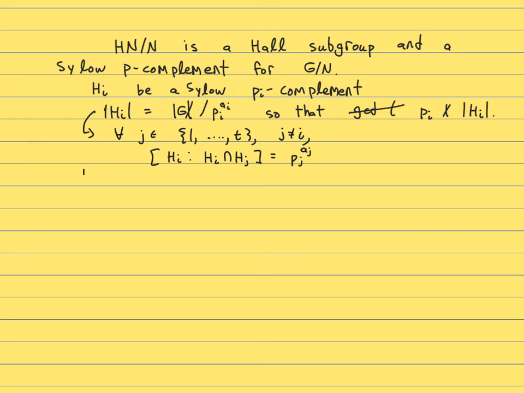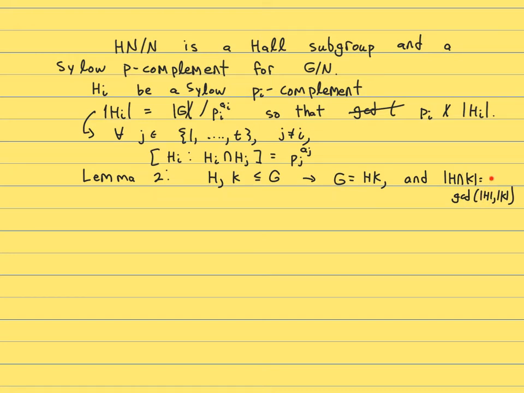This is using lemma 10, which remember has to do with what happens when you've got two subgroups in a group G, such that every highest prime power dividing the order of G has to divide the order of H or K. Then that means G is equal to HK. And the size of H intersect K was this GCD of the orders of H and K.